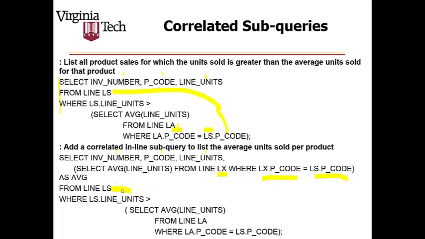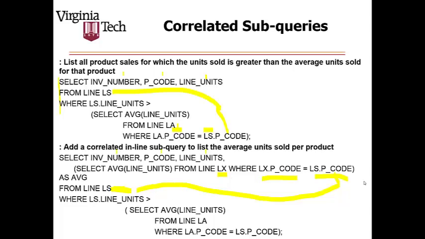So the outer statement, the larger statement in which the subquery is embedded, that attribute is coming from a row of line as LS.